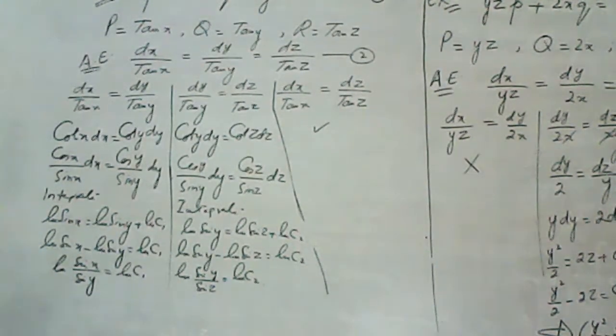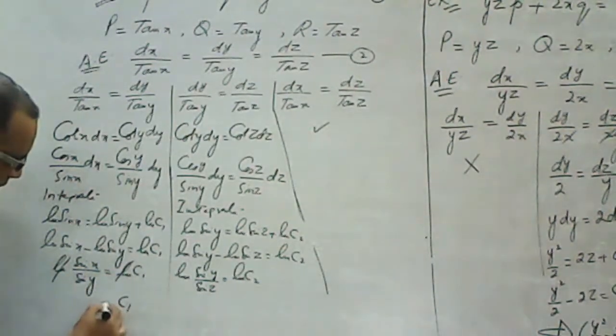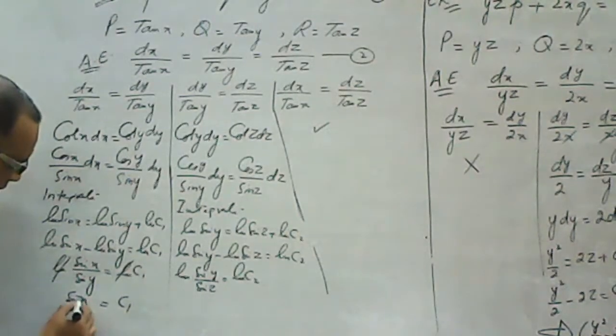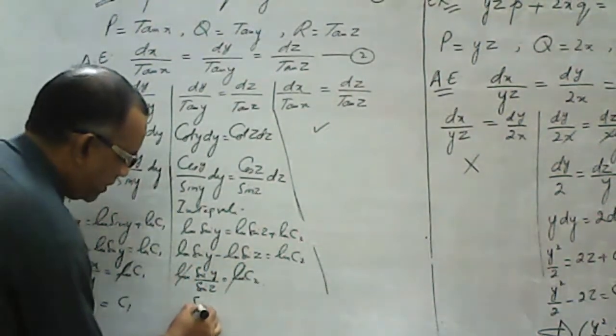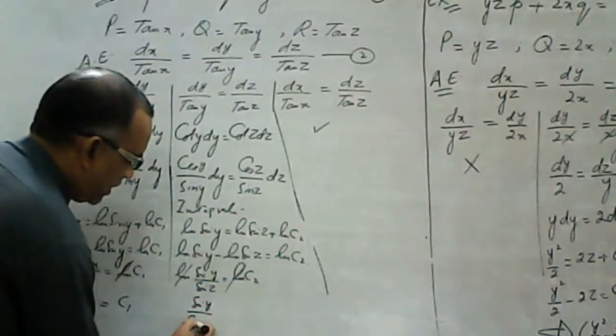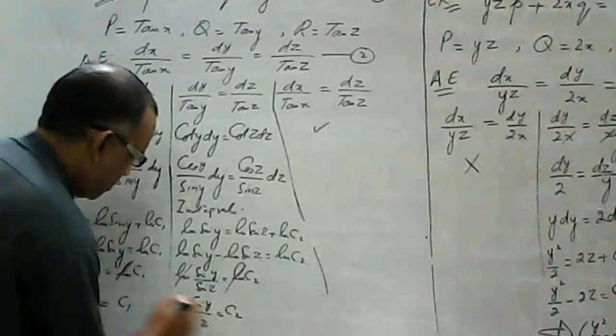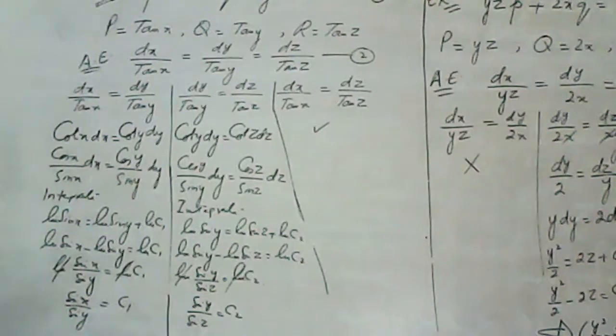As you see, now I can cancel this log with this log and my c1 will be equal to sin x upon sin y. And here if I cancel log with log, my answer will be sin y upon sin z equal to c2. So this is making our calculation much easier.